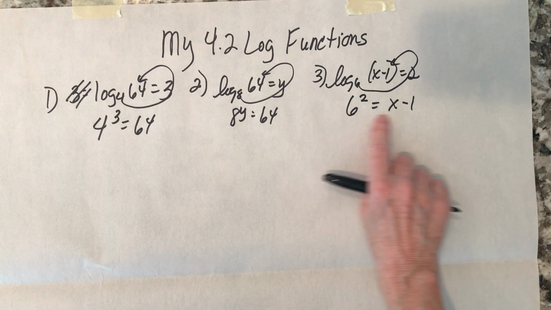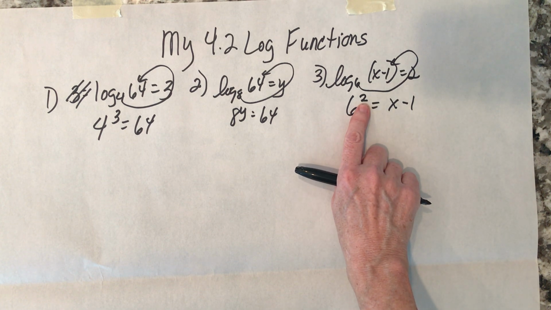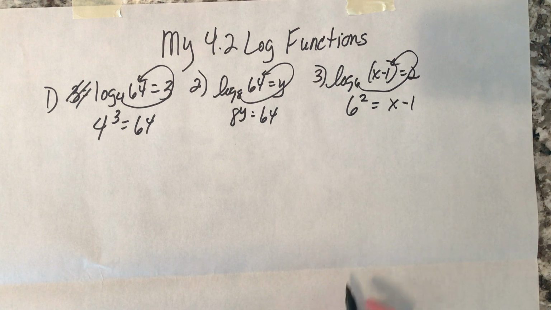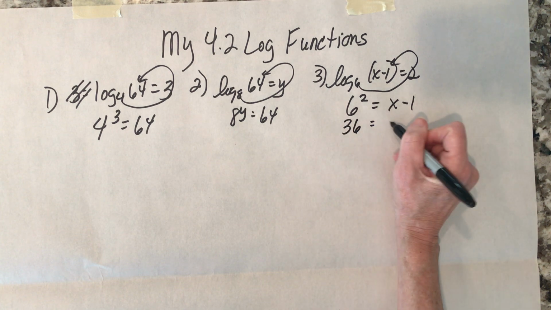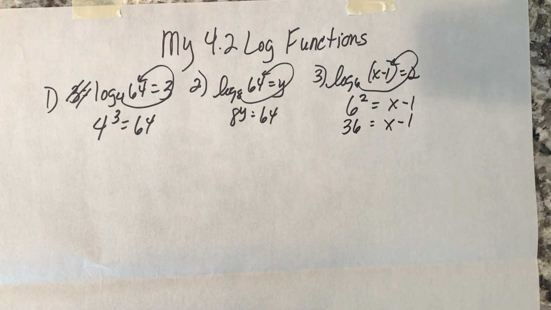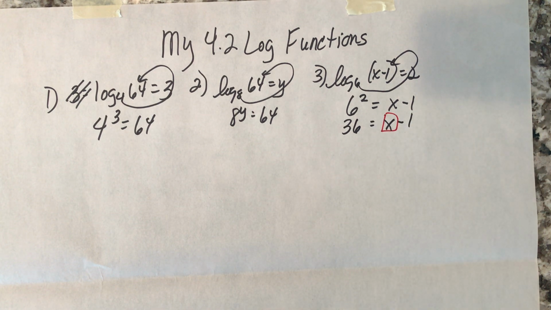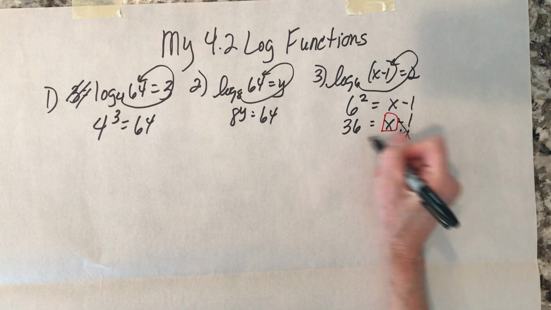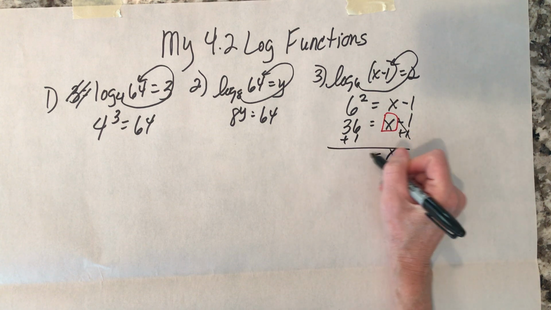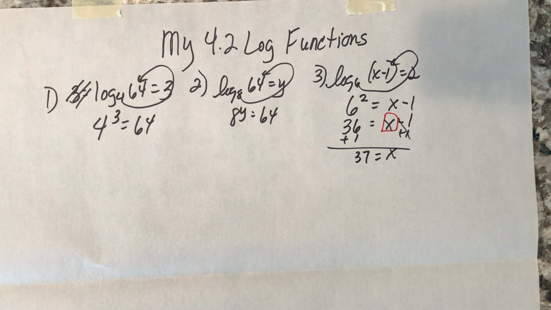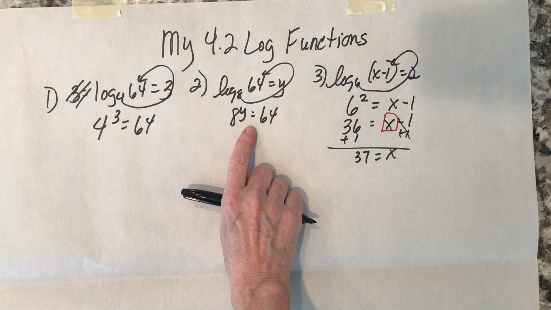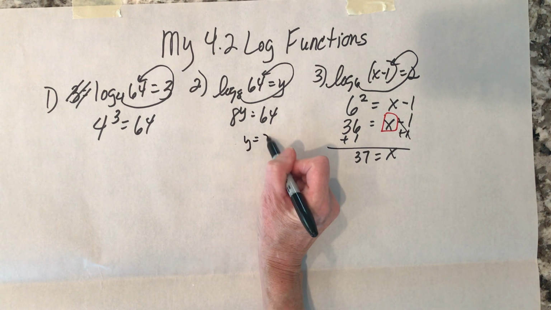So this is rewritten in exponential form. Now we just take it further. 36 equals x minus 1. We're trying to solve for x, so you're going to add 1 to both sides. x equals 37. So that's 2 steps on that number 3. They want the rewritten form and then they want the answer. I don't believe they wanted it here, but if they do, y equals 2.